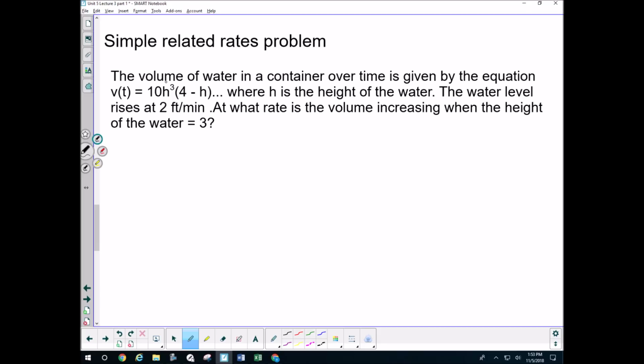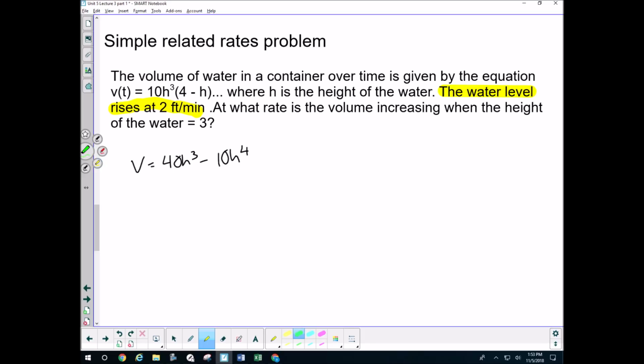So I'm told that the volume of water in a container is given by this. I'm going to just go ahead and simplify this. Where h is the height of the water. Now, from the rest of the problem, we need to do some translations. We're told that the water level rises at 2 feet per minute.